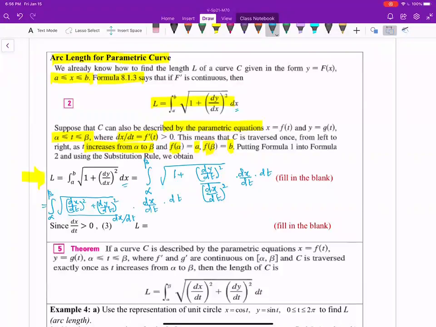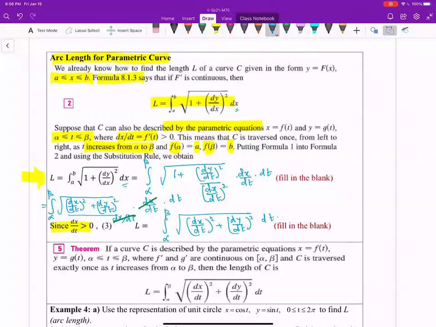Those two get cancelled out. So ultimately, when dx by dt is positive, you get L equal to the formula integral alpha to beta square root of dx by dt the whole square plus dy by dt the whole square dt.